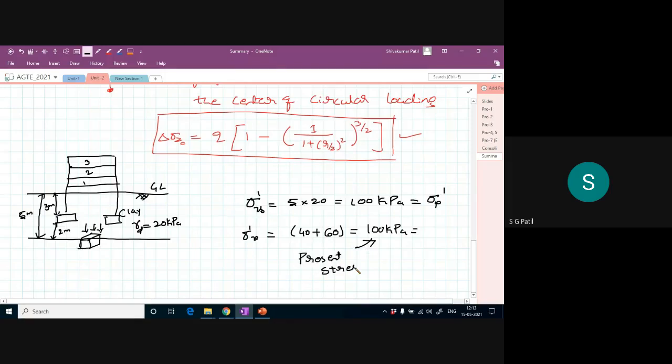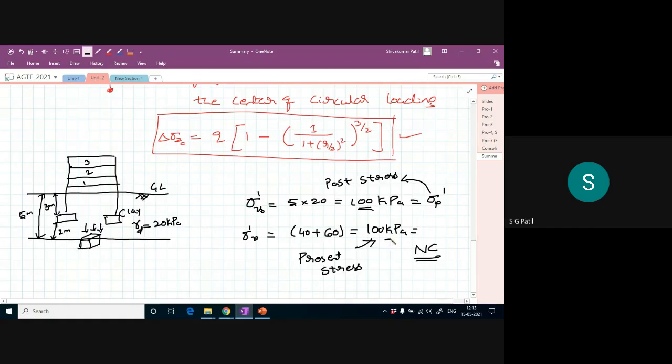So around 100 kilopascal it is subjected. This is the present stress, and this is the past stress. Your present stress is almost equal to your past stress, so this kind of soil is called NC soil, normally consolidated soil.